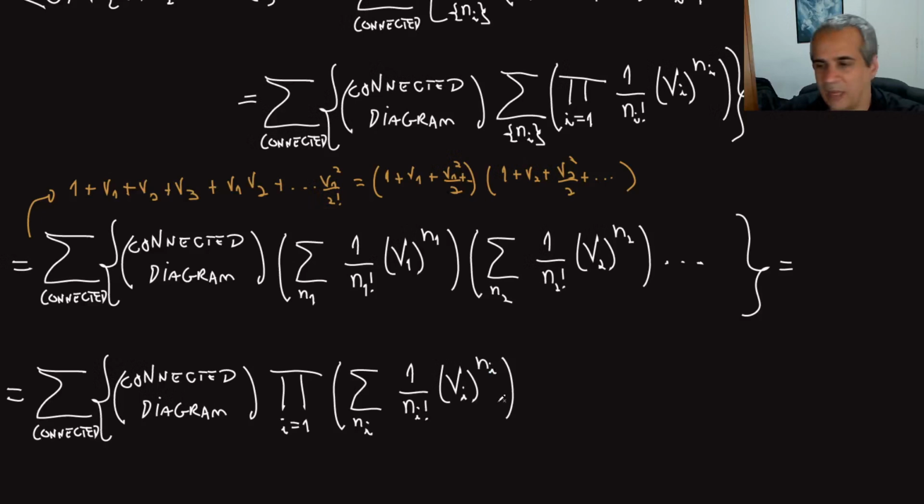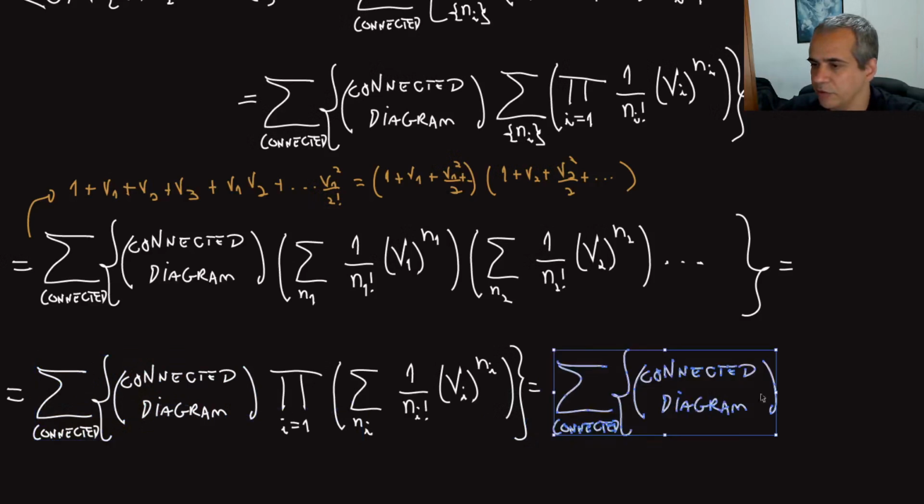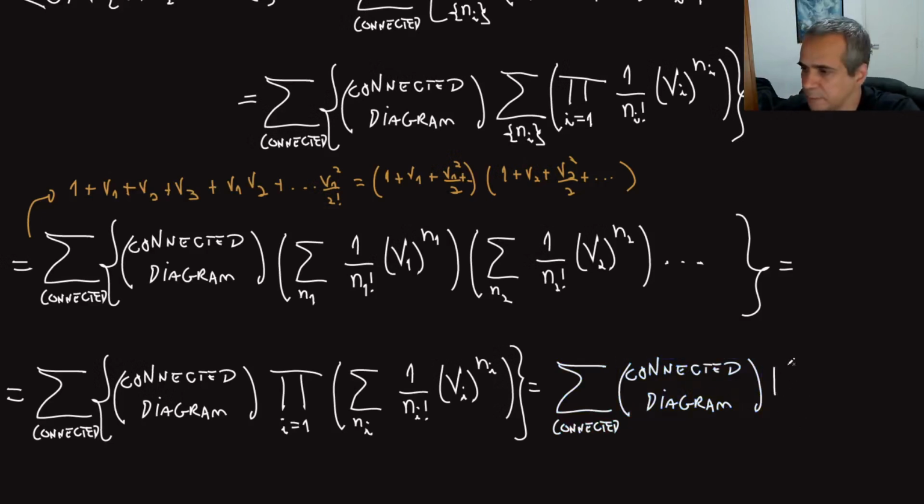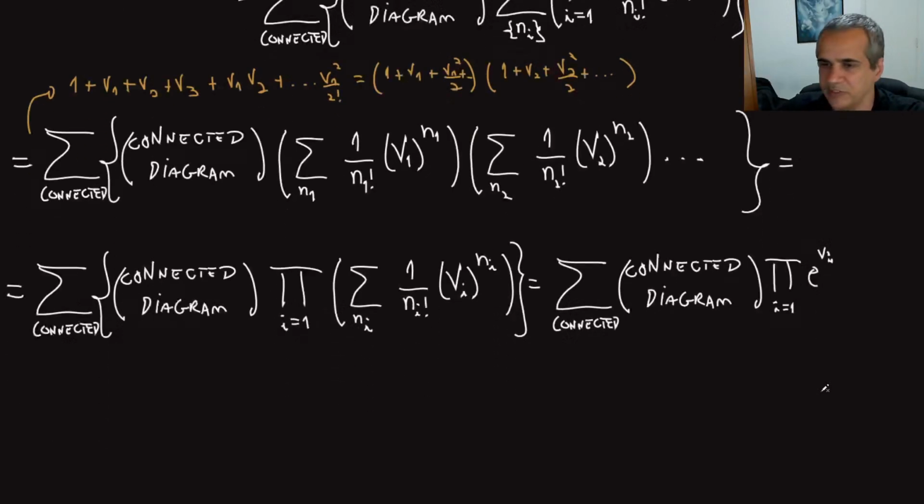Right? And this is just a product of exponentials, right? I close this here. I can copy this part over here, and now I don't need that anymore, times the product, i equals 1, of the exponential of vi, so I'm just exponentiating every kind of bubble diagram. And of course this product of exponentials is just the exponential of the sum, right?